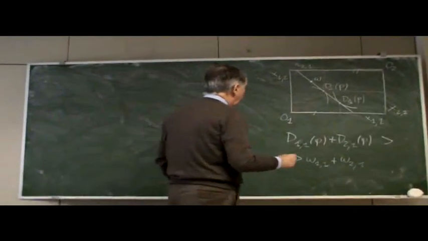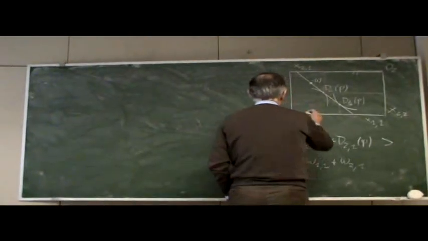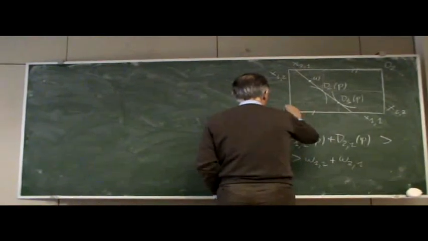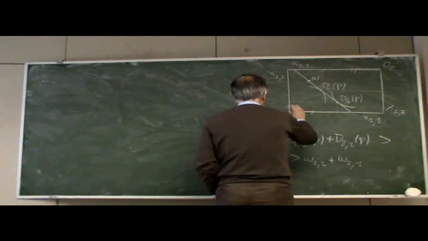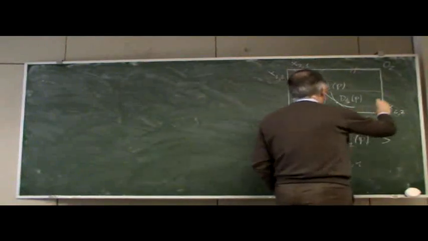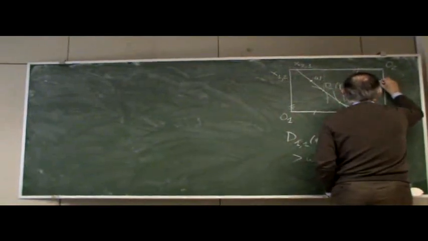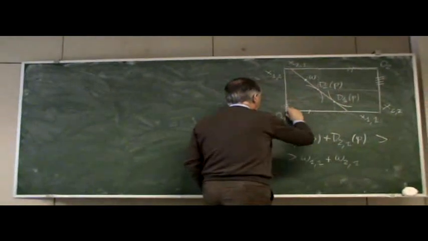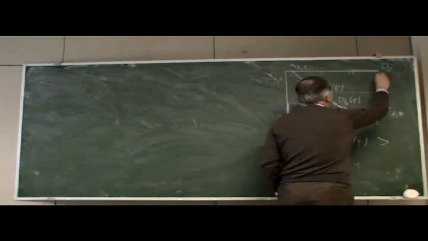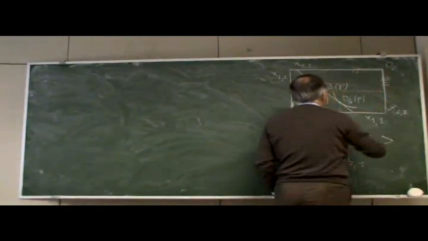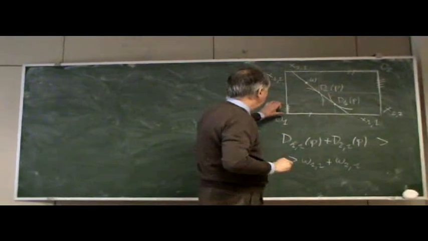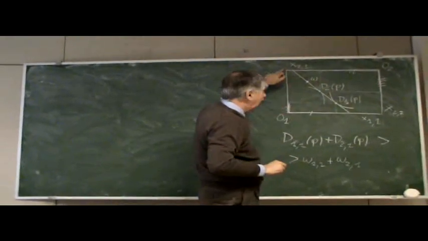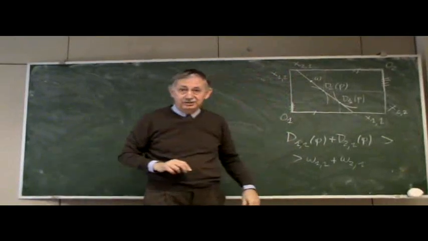For good 2 it is the contrary, because the demand of good 2 by subject 1 is given by this segment, while the demand of good 2 by subject 2 is given by this segment. And if you sum this segment and this segment, you obtain a length which is inferior to the height of the Edgeworth box.